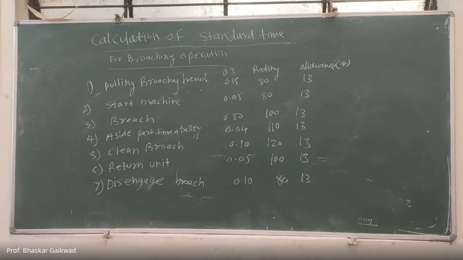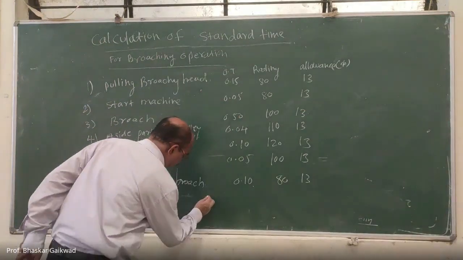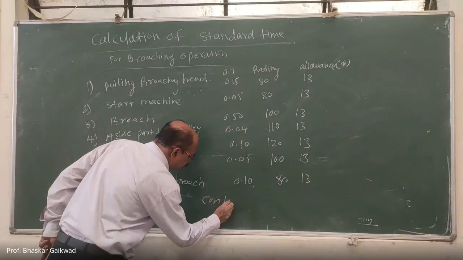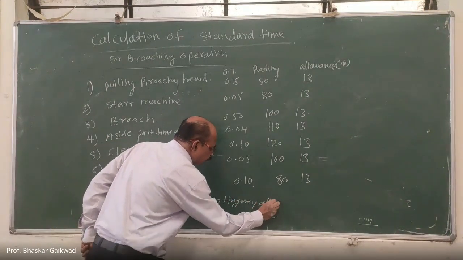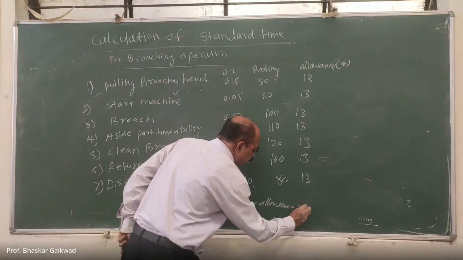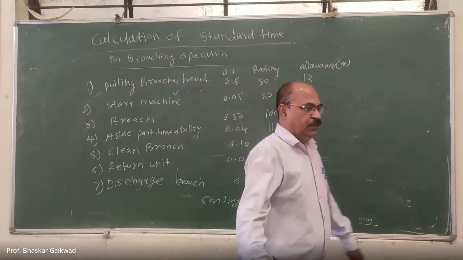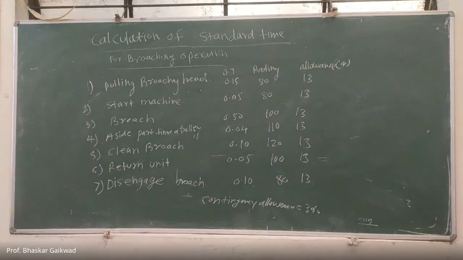And for this problem, contingency allowance is given as 3%. So we have to calculate the standard time for this.